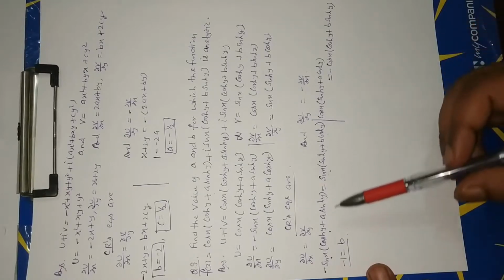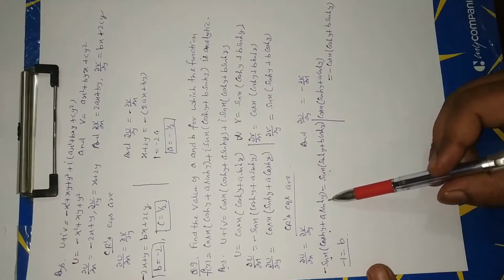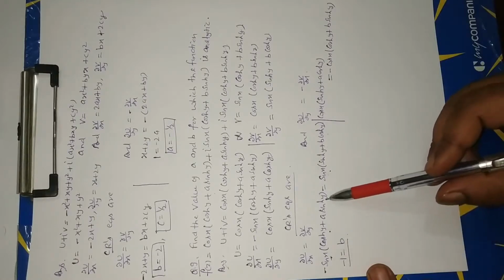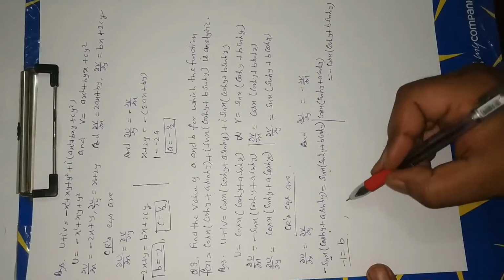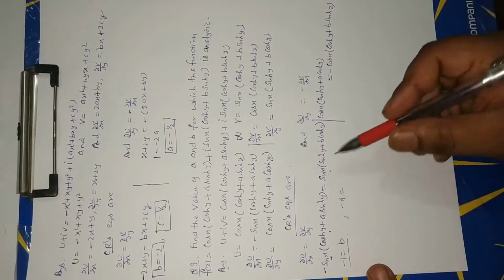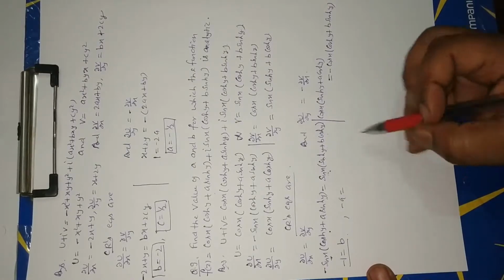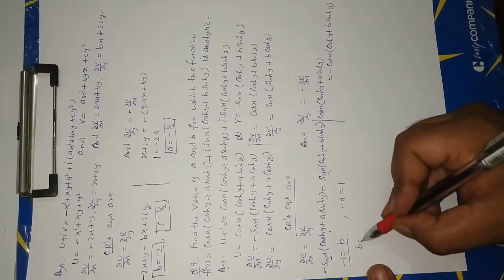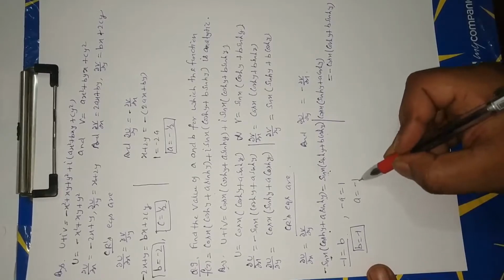Now taking the coefficient of sin x sinh y, here minus a and here plus 1, so a is equal to minus 1 and b is equal to minus 1.